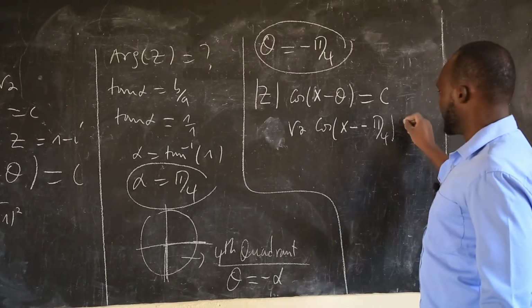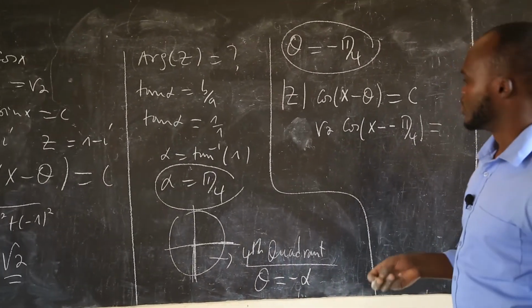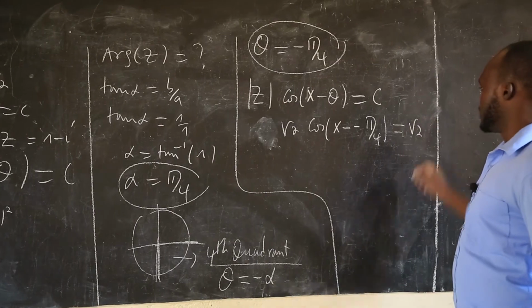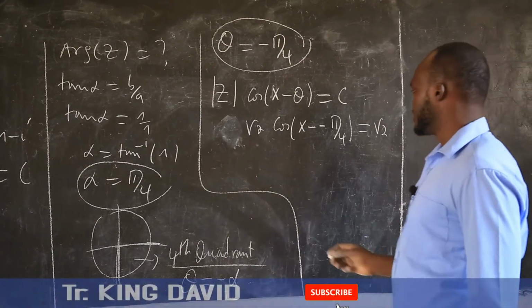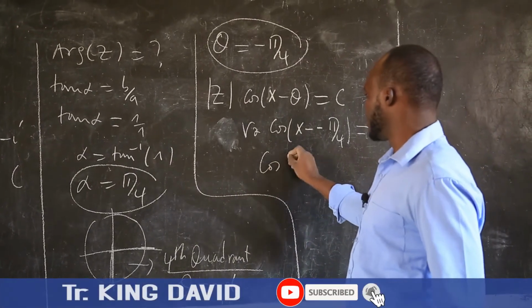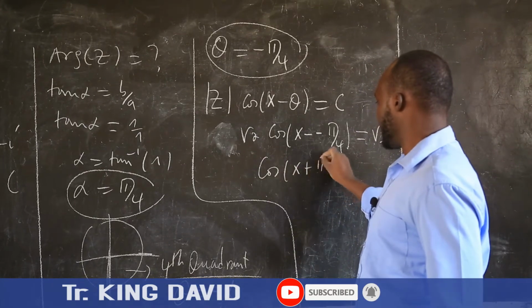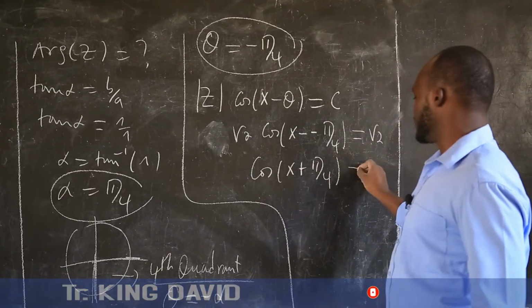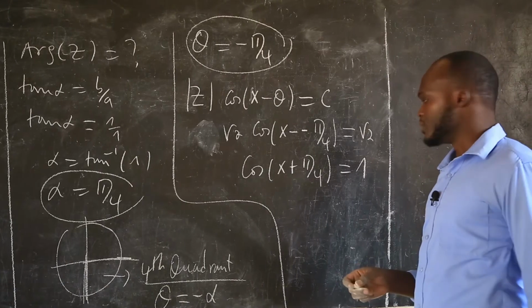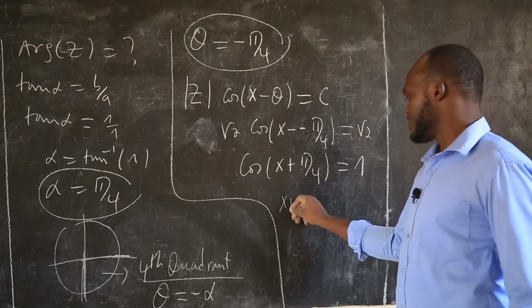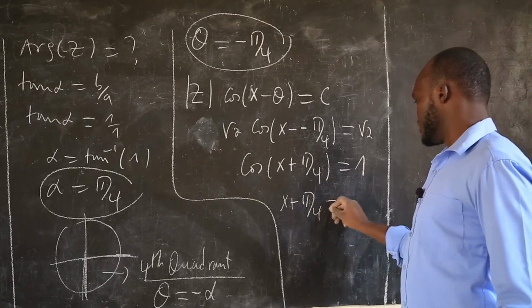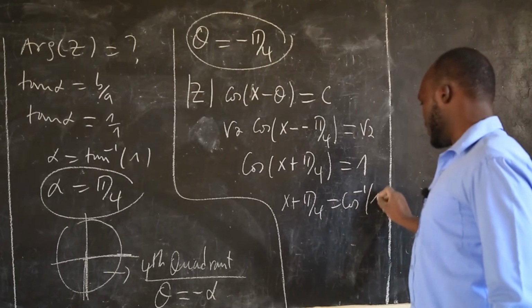Our C is root 2. So we divide root 2 by root 2. Then cos of x plus pi over 4 equal to 1, because root 2 divided by root 2 is 1. Then x plus pi over 4 is cos inverse of 1.